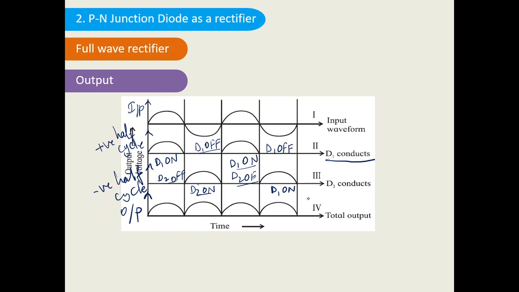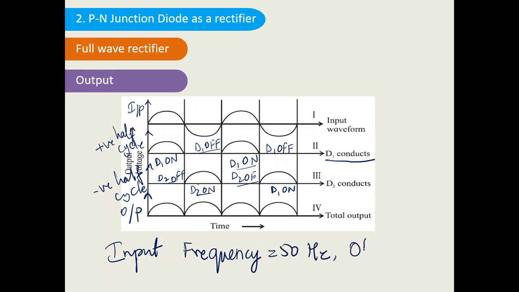Here, suppose the input frequency is 50 hertz, then the output frequency is going to be 100 hertz. Why? Because we are interested in positive cycles.